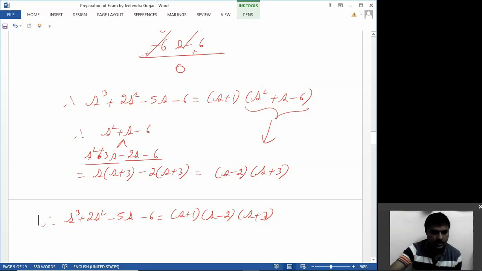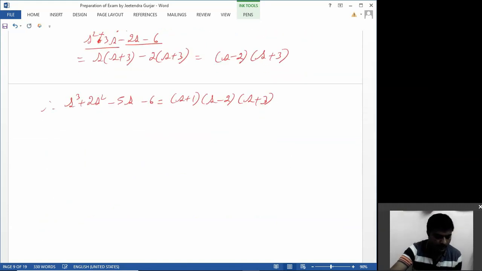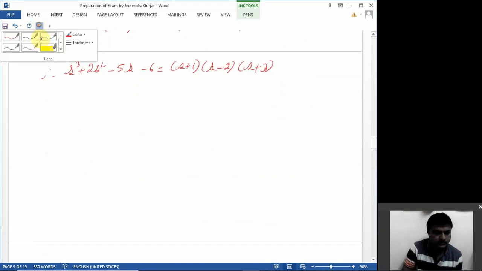Okay, so this is all the simplification you have to do. This is important, then the remaining is very easy. I will show you. So just take the values now.